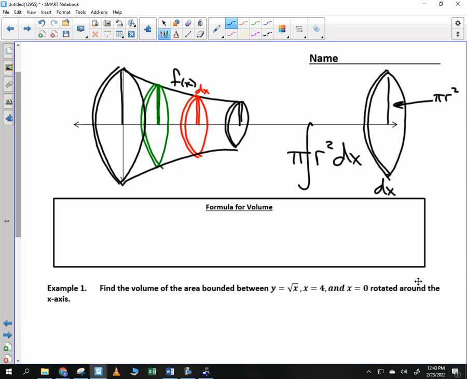Question. Well, this is technically a cylinder because it has width to it. You know what I mean? If I put it flat, it would kind of look like that.